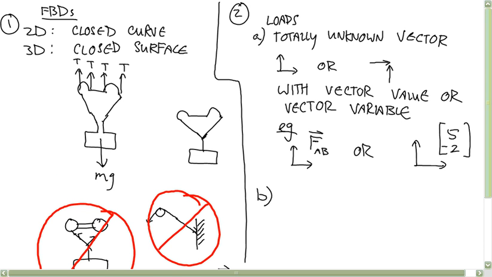Or, let's see, unknown might be the wrong way to describe this, because this one is an unknown, but we're listing it as a... sorry, let me just call this a full vector. Or you have a vector where you indicate a direction, okay?